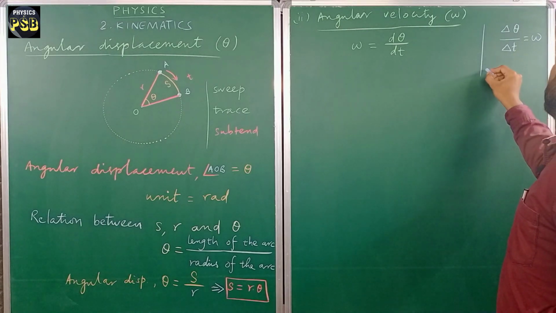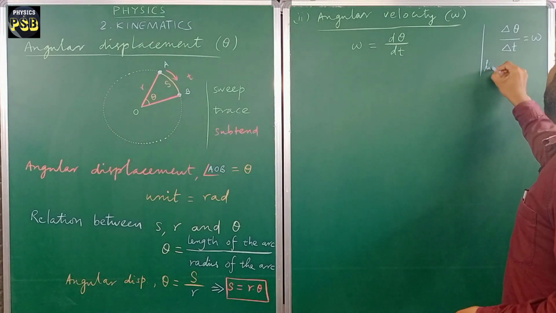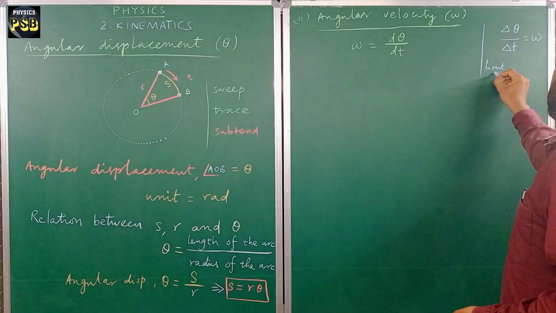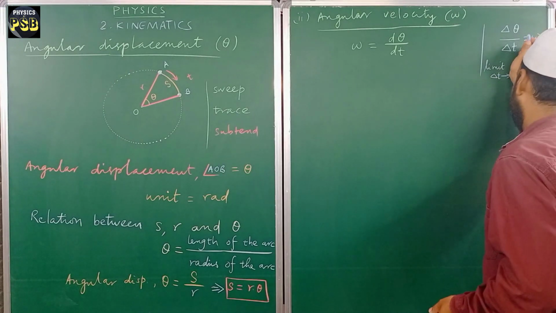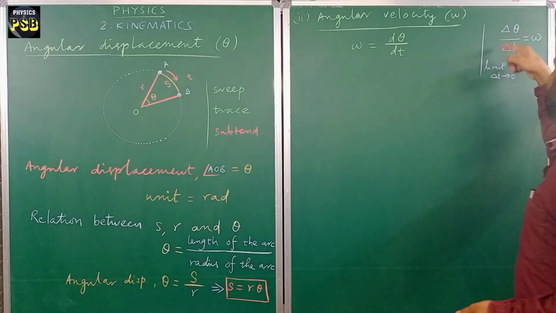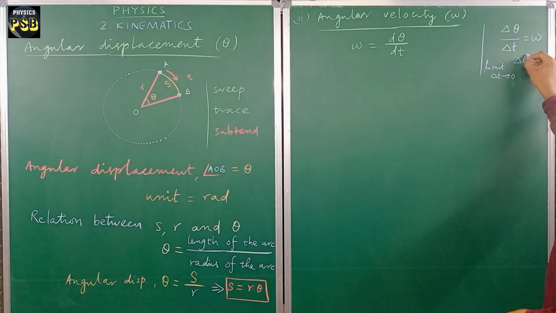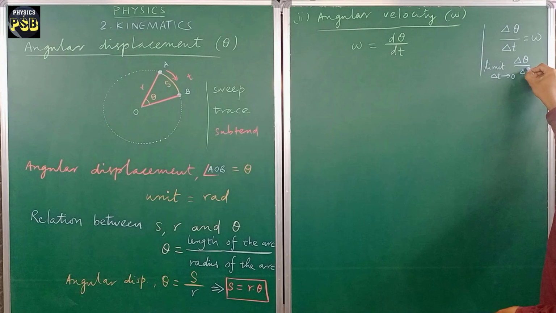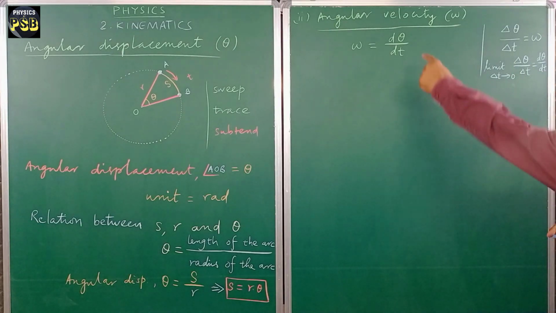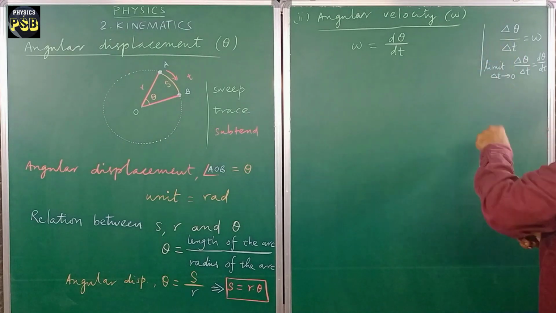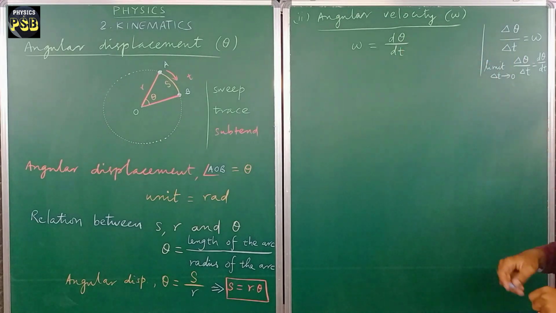In the limit delta t tends to 0, this expression delta theta upon delta t can be represented as d theta upon dt. Now here, instead of doing all these things, I have written the final expression.